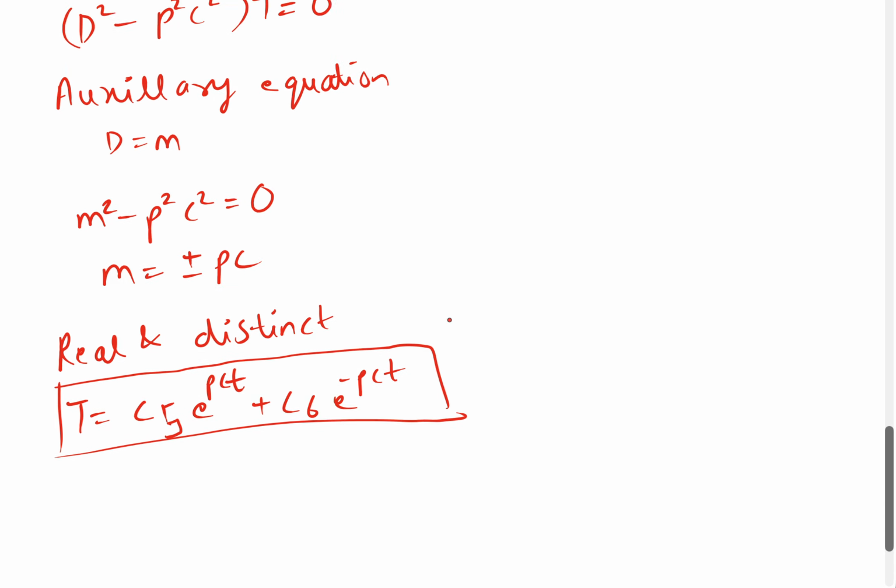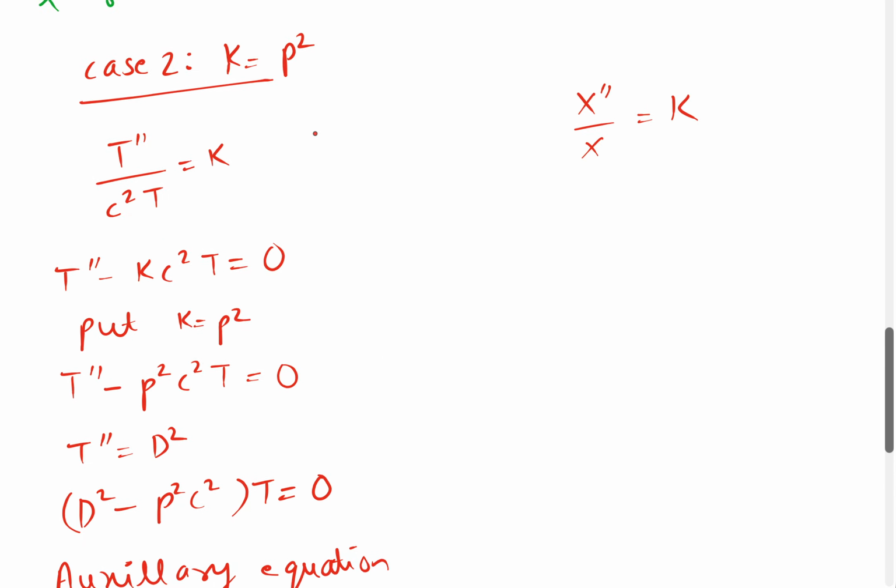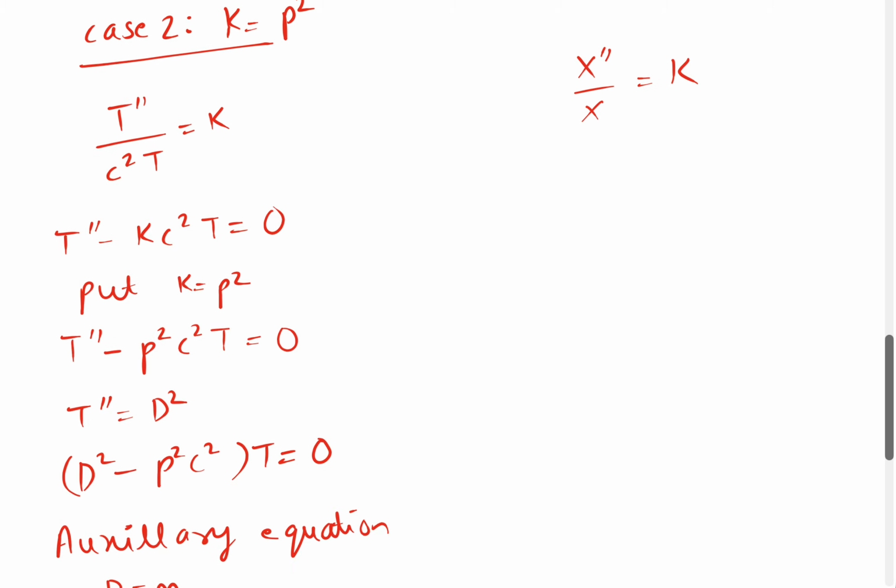Now we need to solve it for x. So if I solve it for x, here we are already given x double dash minus kx is equal to 0. Now I have already taken d square is equal to x double dash. Let's take d dash square is equal to x double dash.